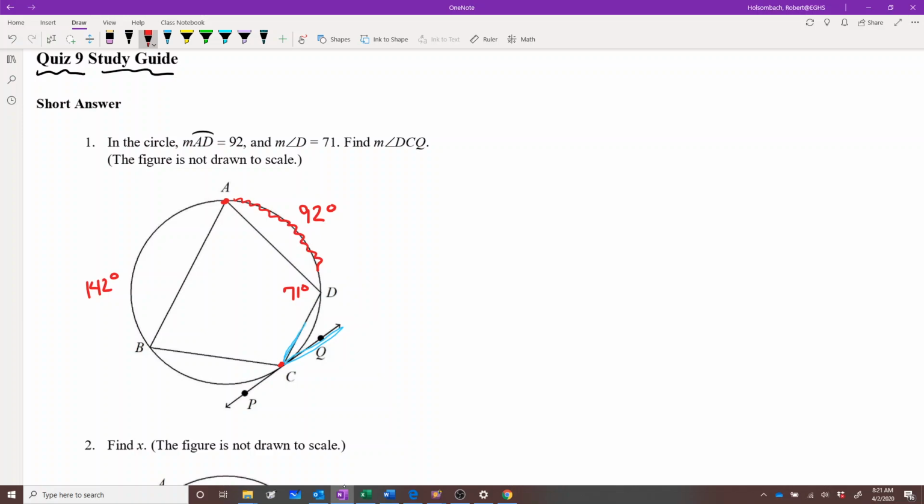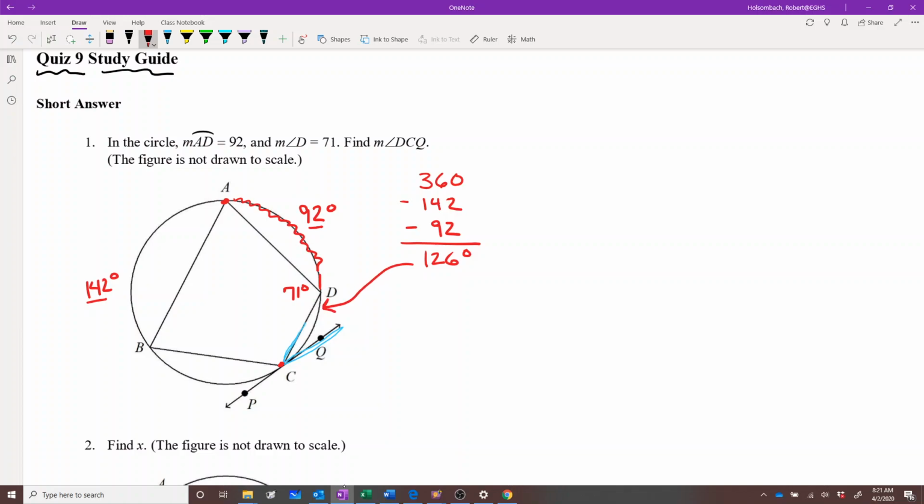So if C to A is 142 and A to D is 92, if you subtract those two arcs from 360, what you're left with is 126 degrees, which means this arc right here, DC, is 126 degrees.